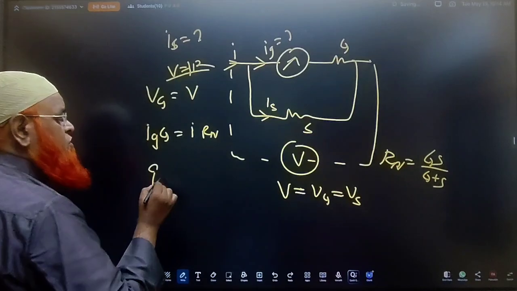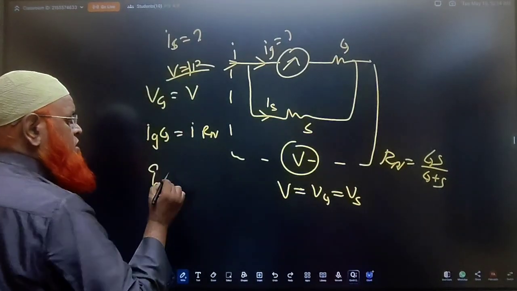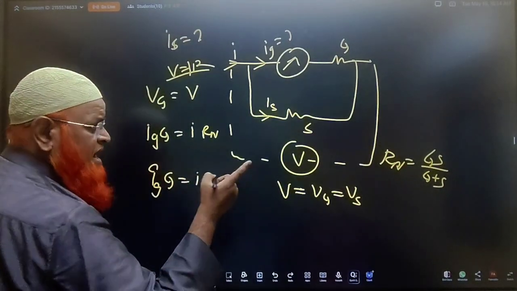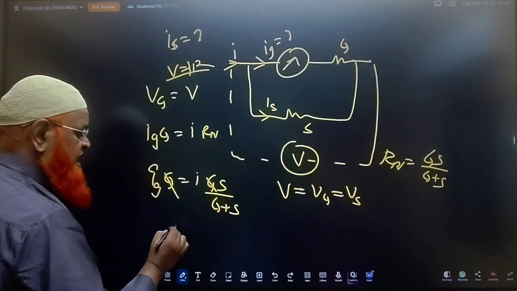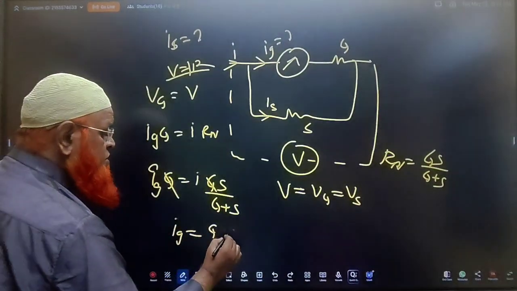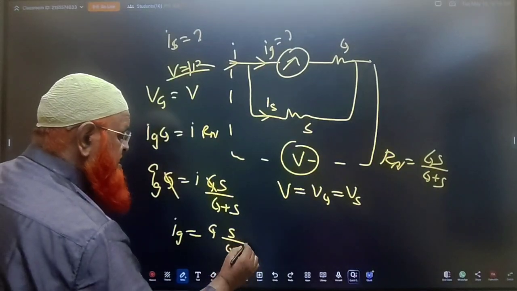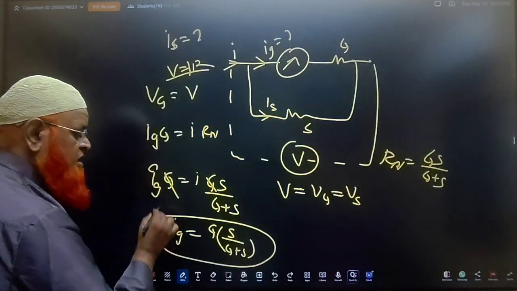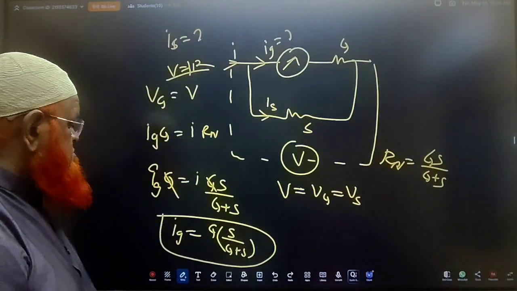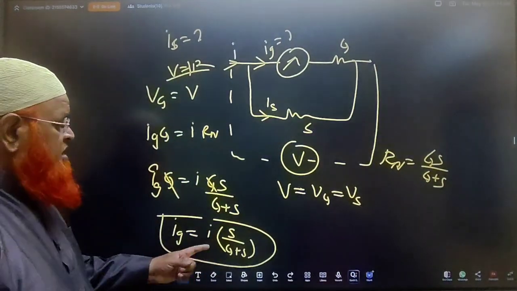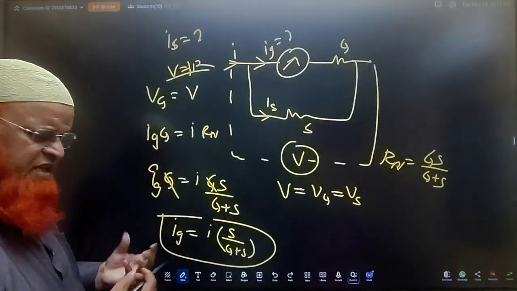So if you want Ig, Ig into G is equal to I into R net, which is nothing but GS by G plus S. G gets cancelled. Ig is nothing but I into S by G plus S, which is going to be your total galvanometer current. Very simple here.